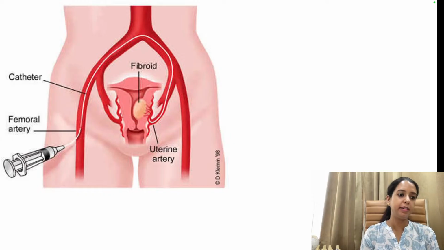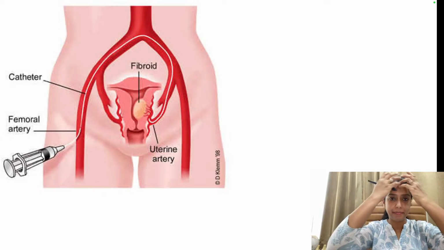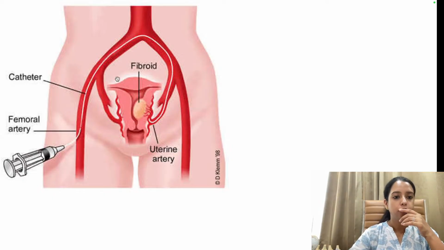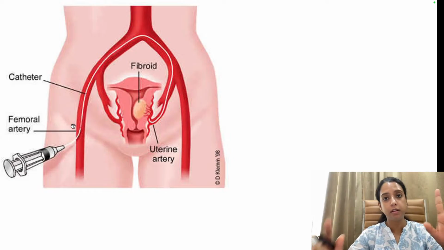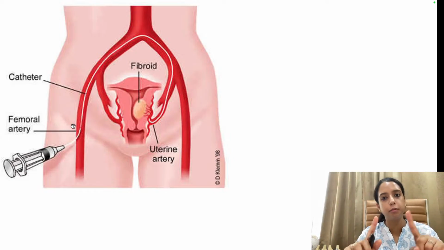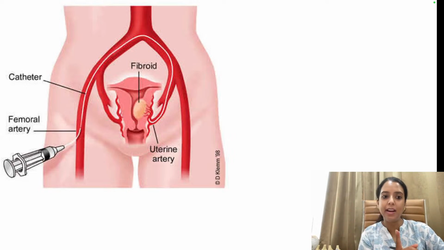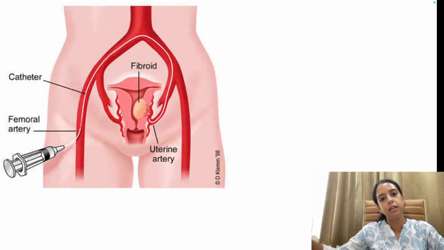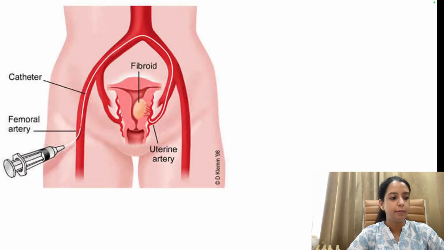Everyone? Though it is not a surgery, one thing I should tell you, it is a non-surgical procedure. Through a small cut in the inguinal area, I will enter the catheter into the femoral artery, then the external iliac, internal iliac and uterine artery. What is this procedure being done?